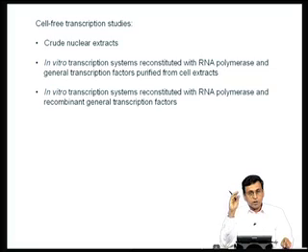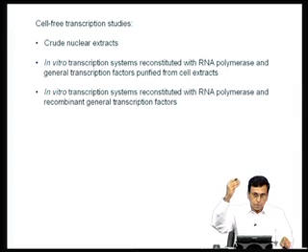Just like I told you, the euchromatin and heterochromatin studies clearly indicated that chromatin structure has a role in gene regulation. The same way, cell-free transcription studies also gave some clues that chromatin structure plays a very important role in regulation of gene expression. For example, we discussed in the last classes the way the cell-free transcription studies were performed.